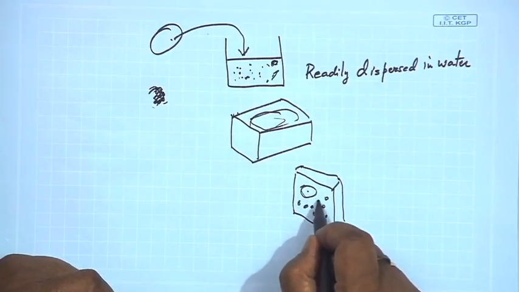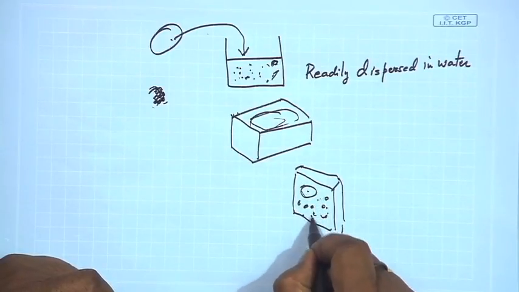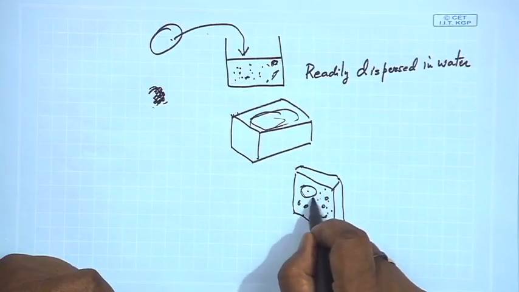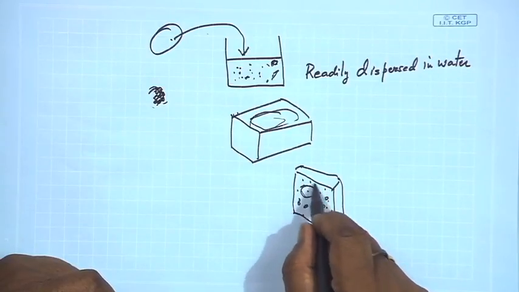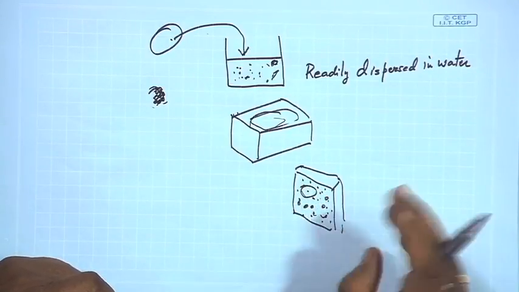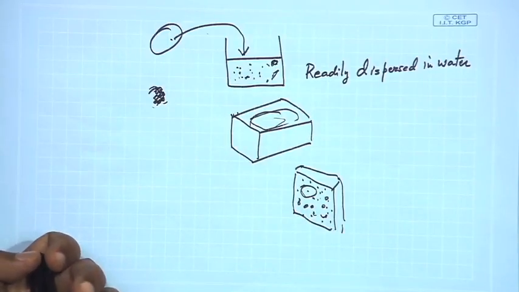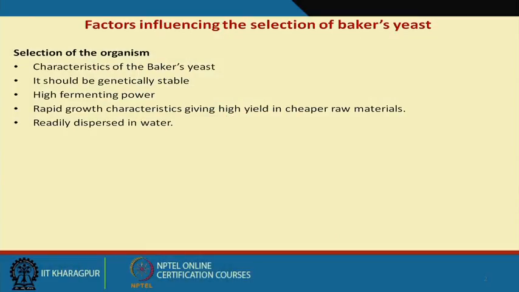And since single yeast cells form smaller holes, the porosity will be different. So, this is undesirable, and that is why one important characteristic of the yeast cells is ready dispersion. Whenever you prepare a suspension, it should be uniformly dispersed in water.